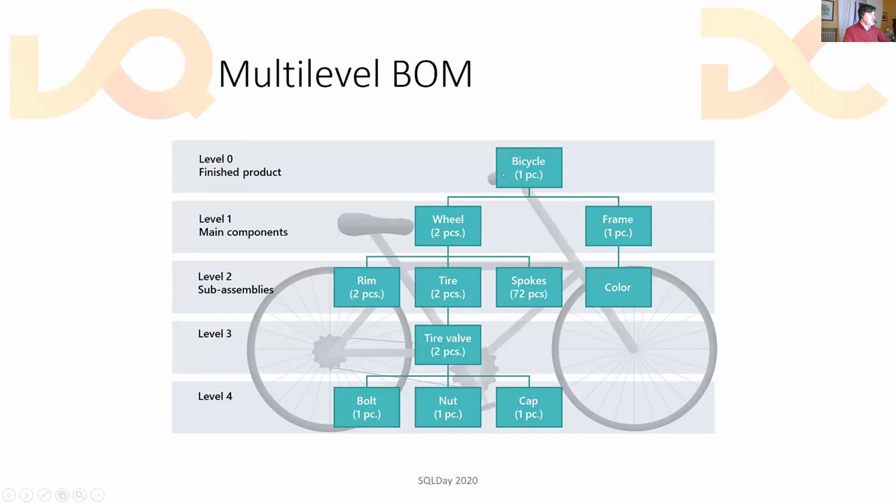Just think about a multi-level BOM, a bicycle where you have wheels, frames, rims, tires, colors, and so on. How to query this data structure using shortest path.